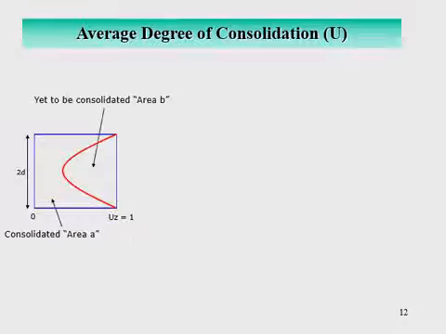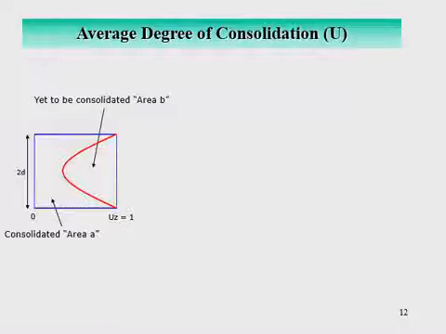It's not exactly consolidated area, but this isochrone with time has passed through this area because it is progressing towards the right side as the consolidation progresses. So this is the area of the isochrone that has passed, and this has yet to be covered by this isochrone with time, right?